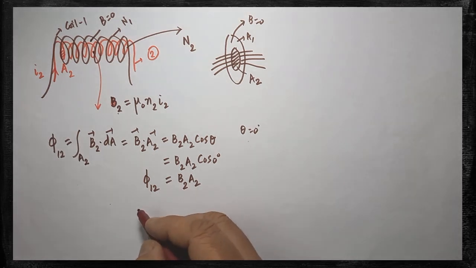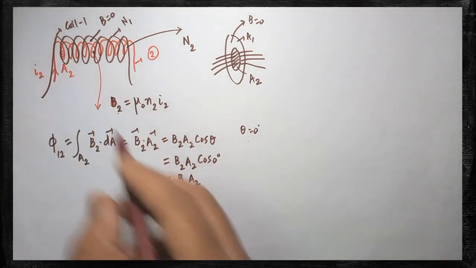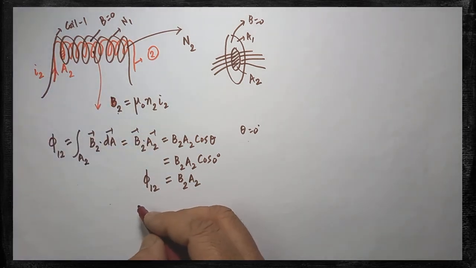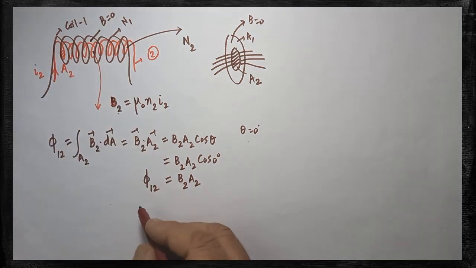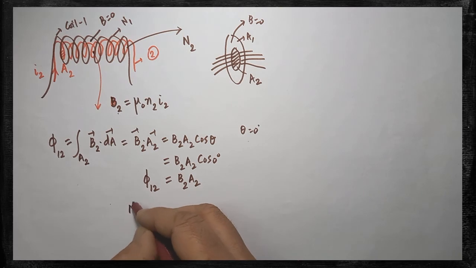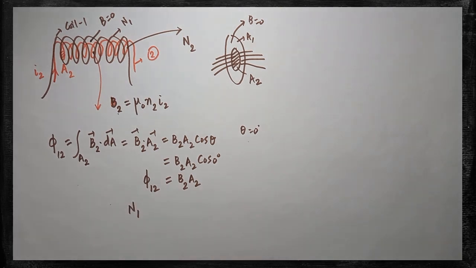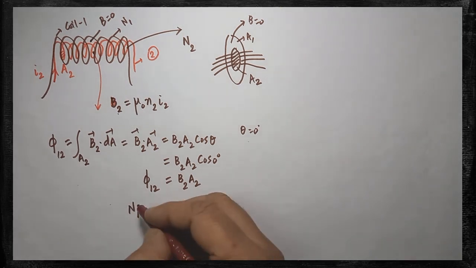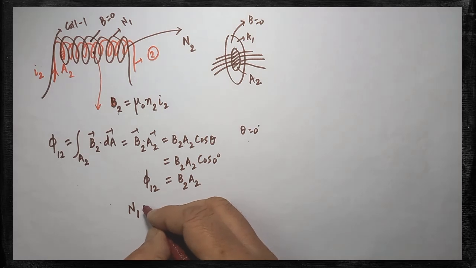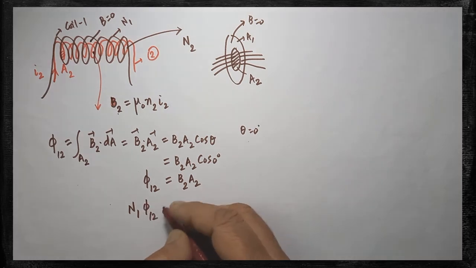Now flux linked with N1 number of turns is to be calculated, because we are going to calculate M12. Therefore the first coil must be taken into account. Flux linked with N1 number of turns can be calculated by N1 phi 12.